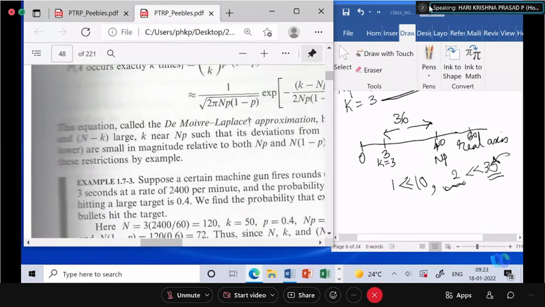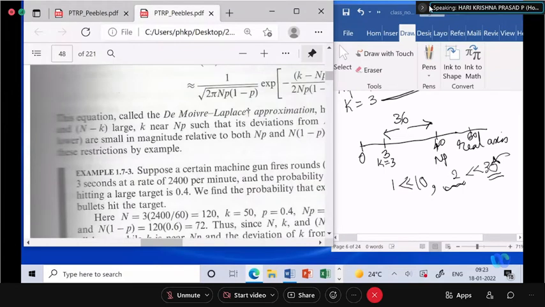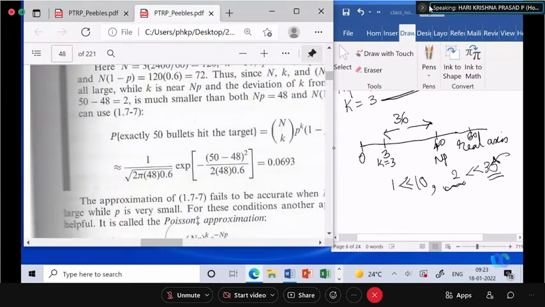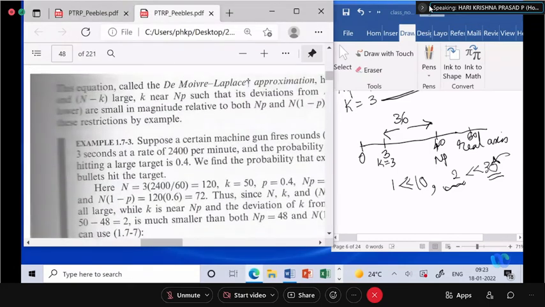So one example is also listed over here. Let us see that example and try to understand this concept, right?